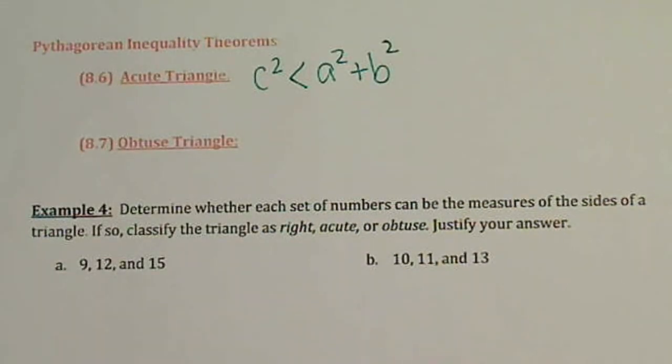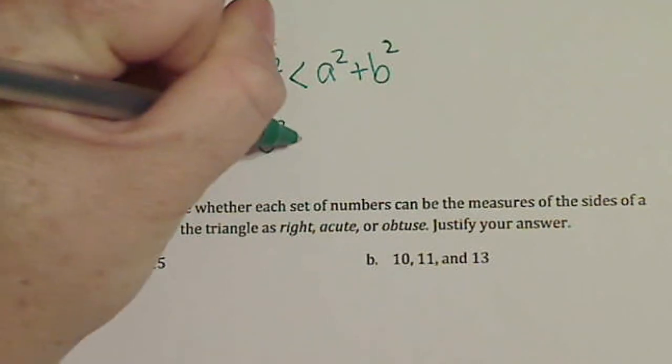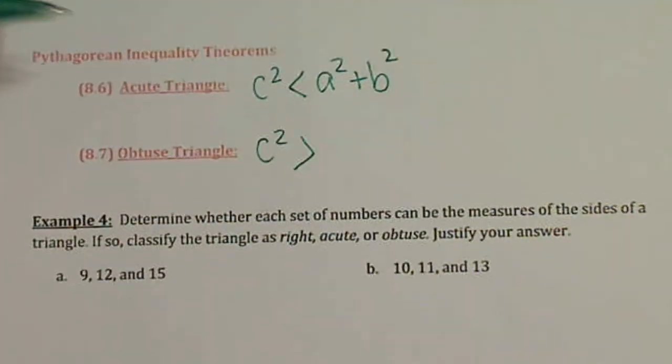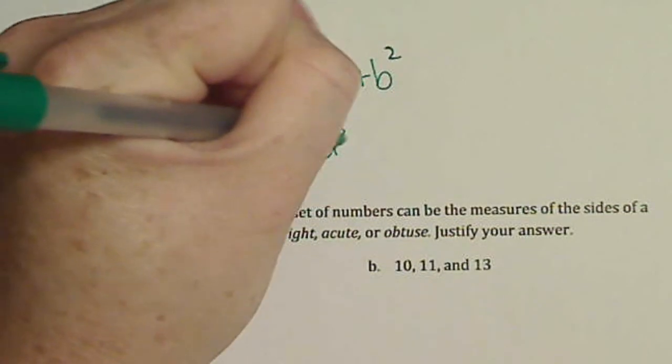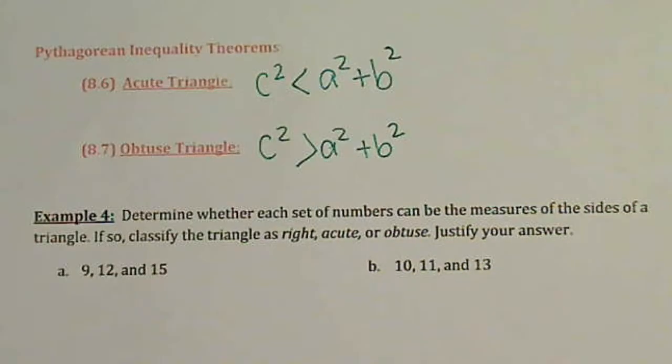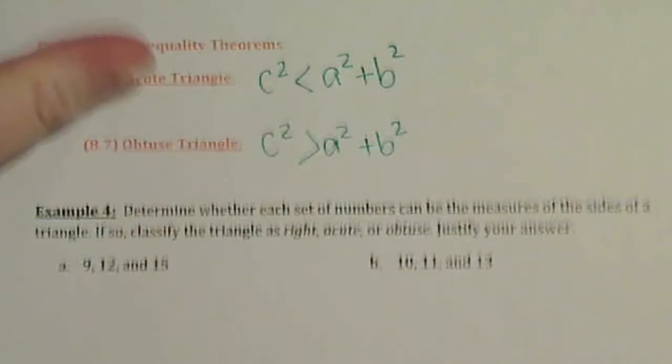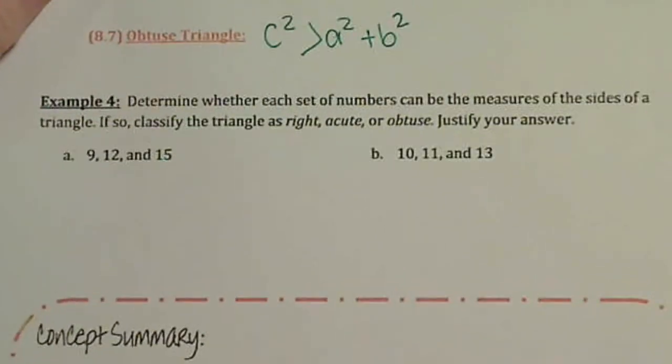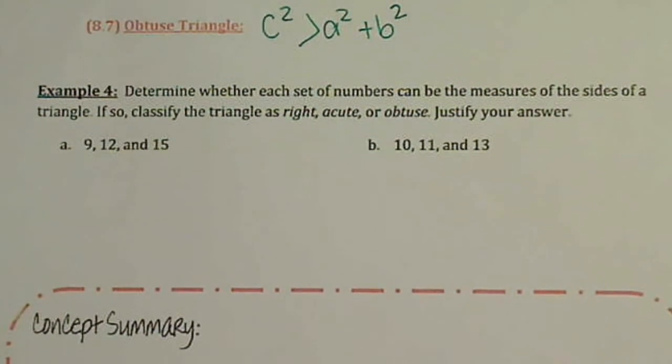If you have an obtuse triangle, then your longest side is going to be larger than a squared plus b squared. Okay? Let's apply it so you can get a better understanding.